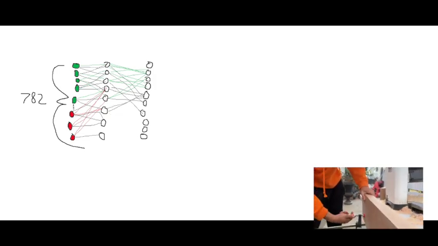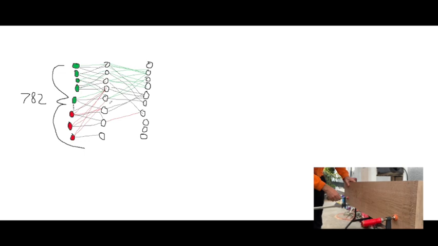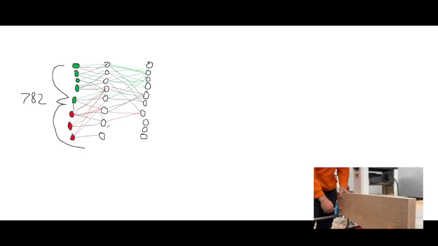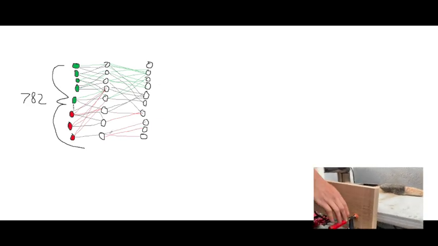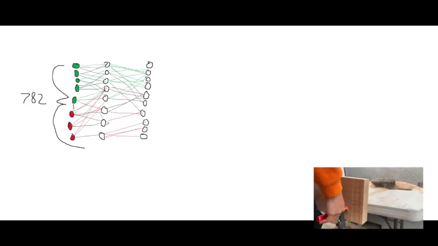This is what a neural network looks like. There is one hidden layer here in this specific neural network.